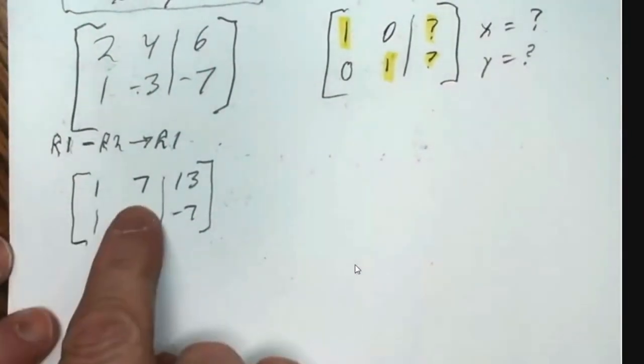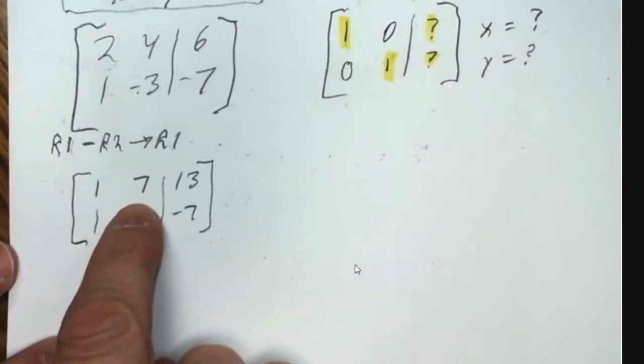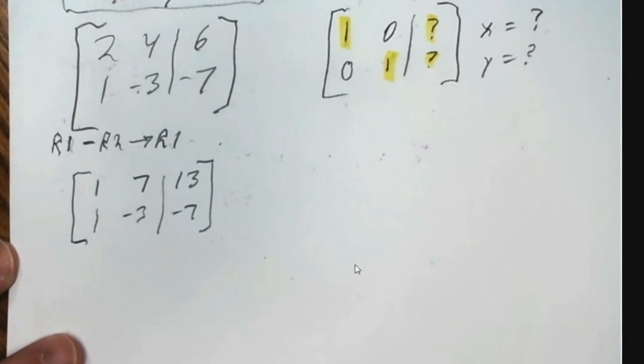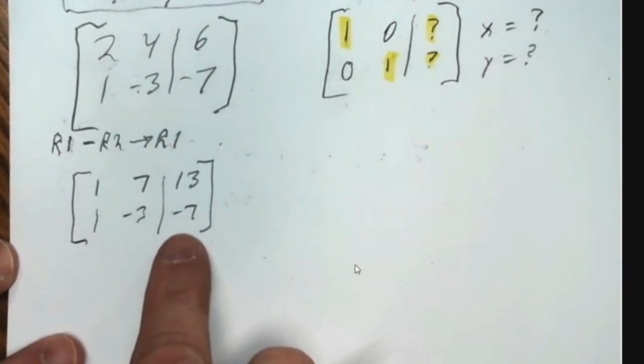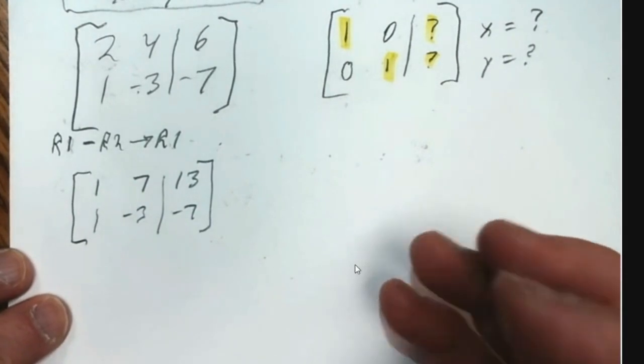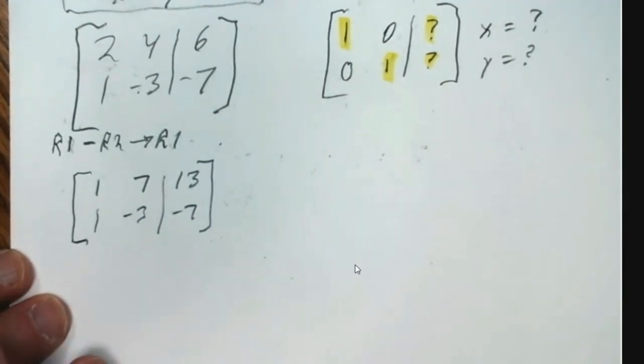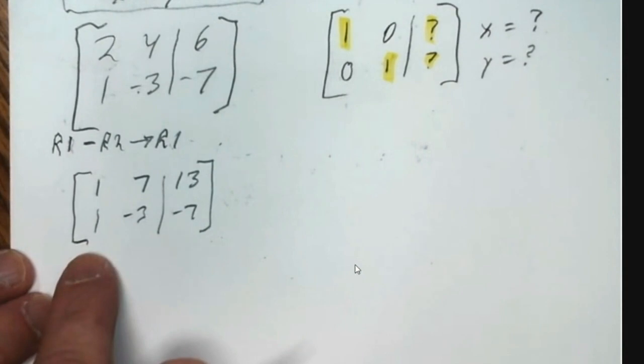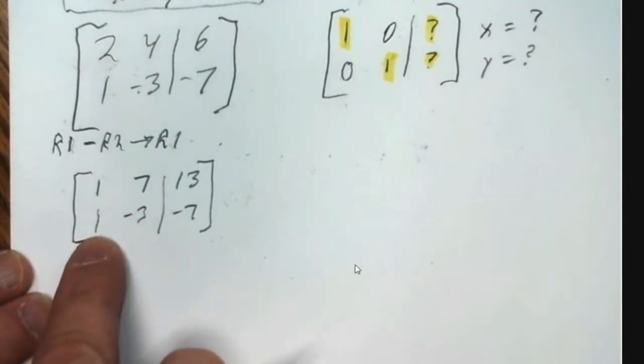Now I need a 0 over here. So how could I make a 0 in the second column? I could take row 1 minus row 2 again, and this time replace row 2.